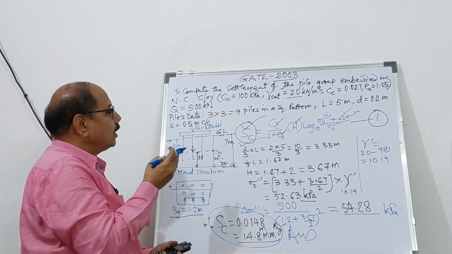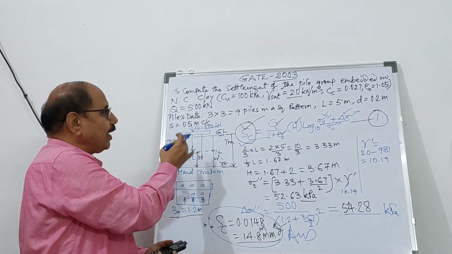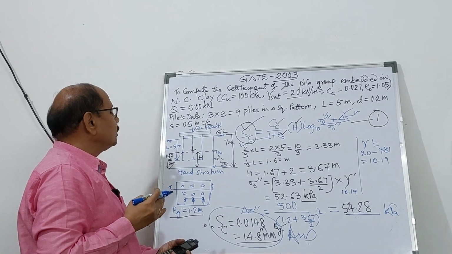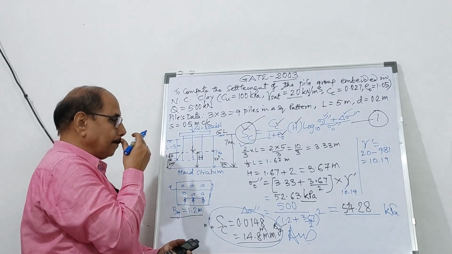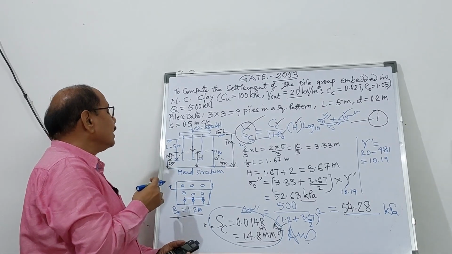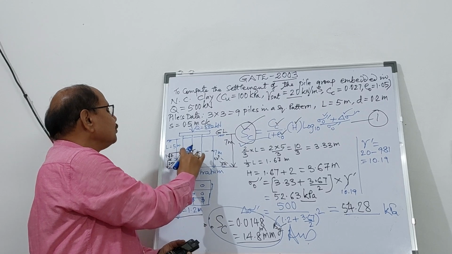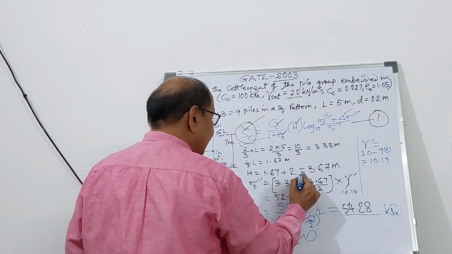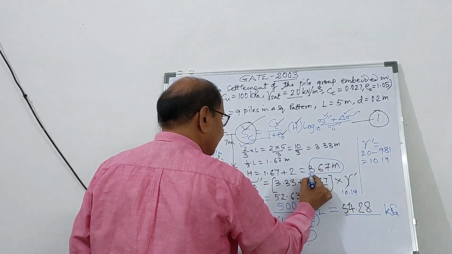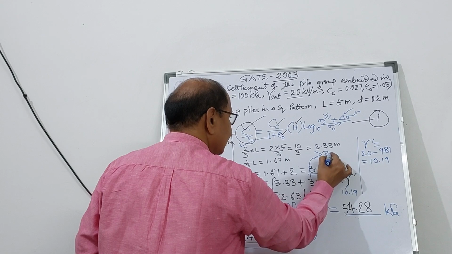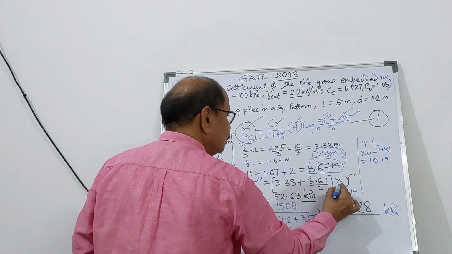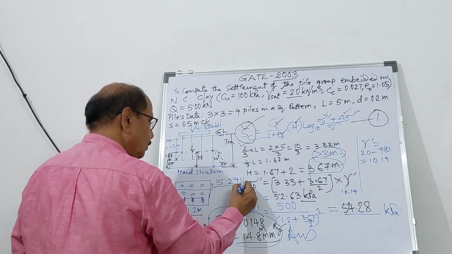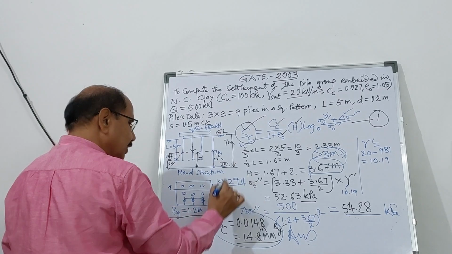In the previous videos also I have explained how to compute this. One thing I would like to highlight: what is the value of H? H is more than 3 meter. So if you refer to IS 2911, you should divide this into 3 layers.